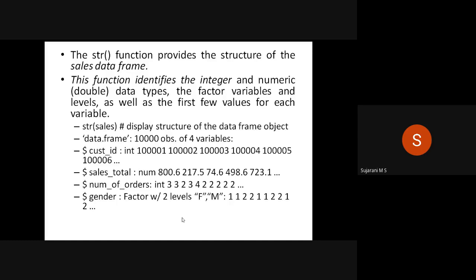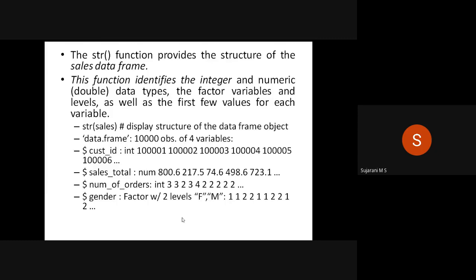The first variable is custody and a few values are displayed. Another variable is sales total, with a few values, and its type is numeric, while custody's type is int. The next variable is number of orders and its type is int.